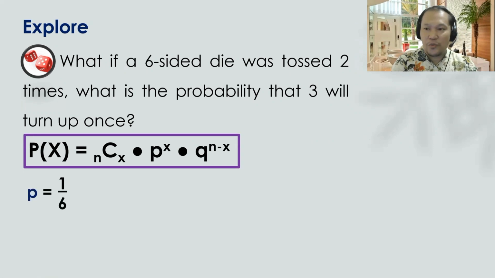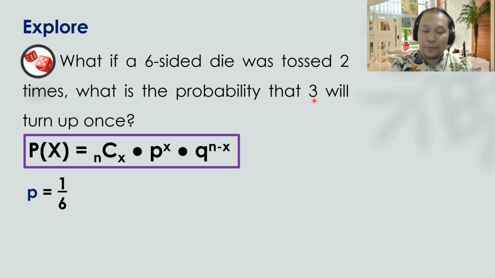First, we are going to get the probability of success. Now, in this case, the answer is 1 over 6. Now, remember, class, that in a given die, we do have 6 faces. We have 1, 2, 3, 4, 5, and 6. And our interest is to find for the probability that 3 will turn up once.